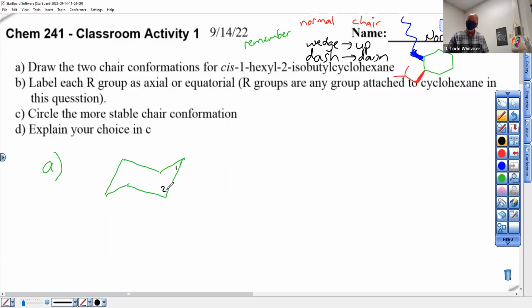And in your other chair, when you draw it, I will tell you where an appropriate carbon number 1, 2 combination will be. Now, it's going to look like this chair is a mirror image. This is not what's happening.